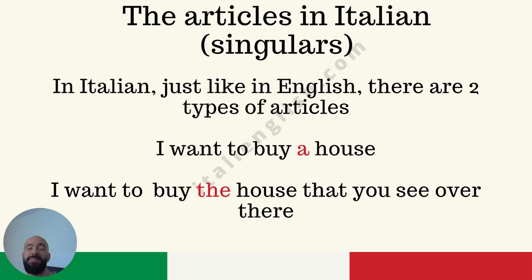But if I say I want to buy the house that you see over there, my friend, maybe I'm walking the street with a friend of mine and say, oh man, love the house. I want to buy the house that you see over there. That's different. That's a specific house, the house that we are seeing from this side of the sidewalk, for instance, right? Well, there's only one side of the sidewalk, but you get my point.